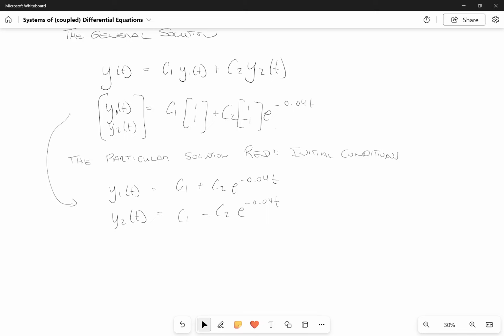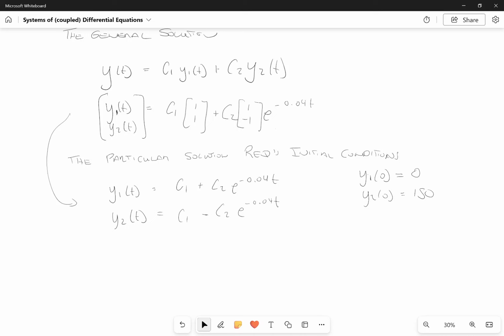What we need to do is figure out, based on the initial conditions, what c1 and c2 are. So what we know: y1 at time 0 has no dissolved fertilizer, we have no fertilizer in tank 1. y2 at 0 is 150.